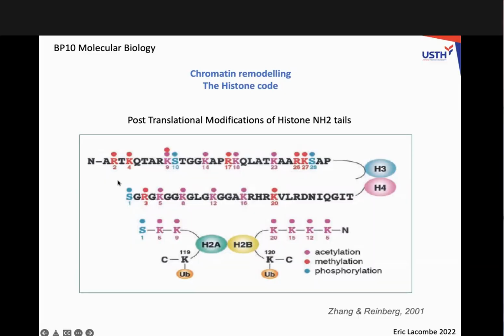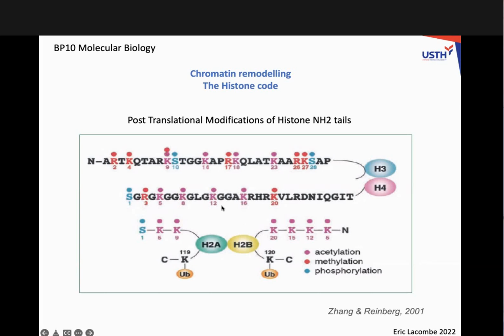It means that if we want to have the methylation of this lysine, there are some enzymes that will be able to add a methyl group to the lysine. So we have other proteins that are responsible for this post-translational modification.